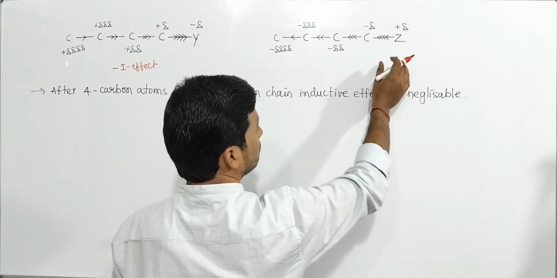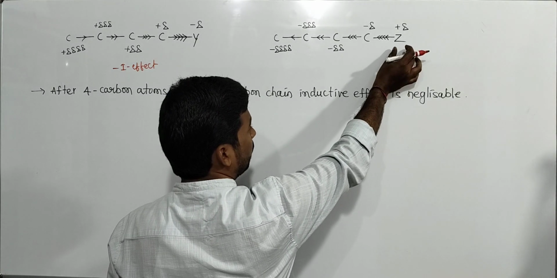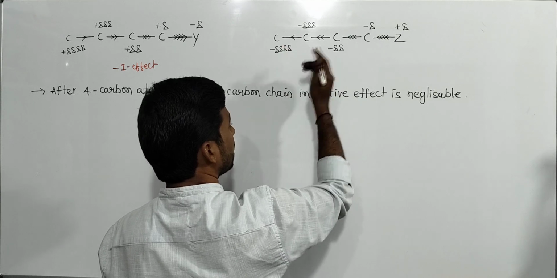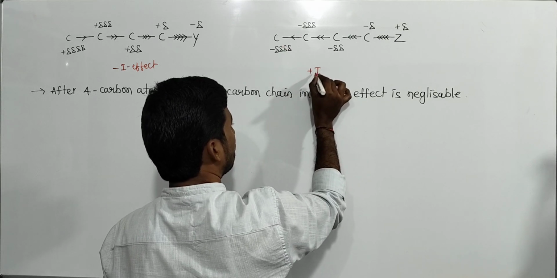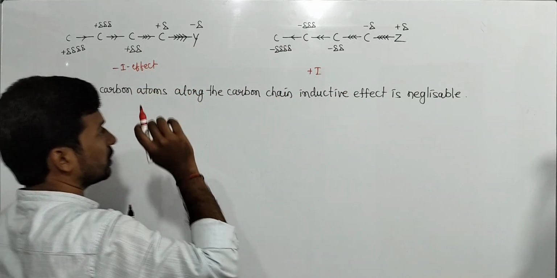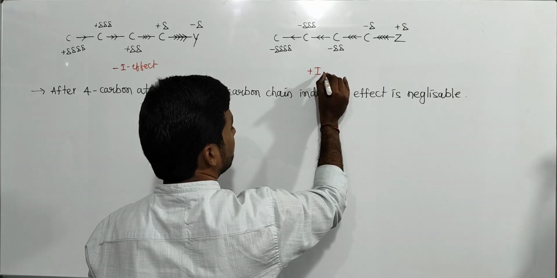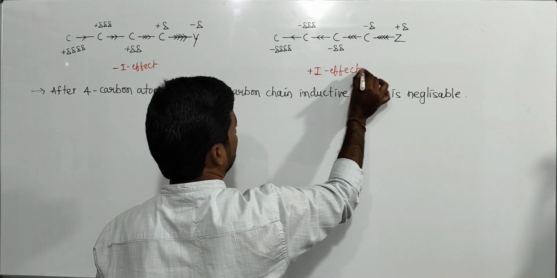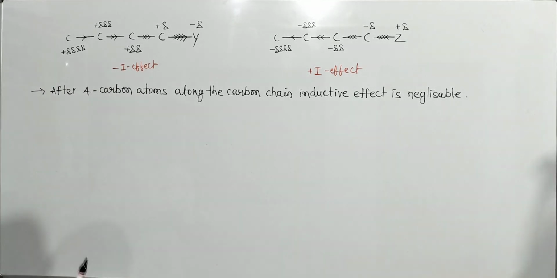If electrons move away from the substituent towards the carbon chain, your carbon chain is getting electrons, positive; in the other case your carbon chain is losing electrons, negative. So this is the positive inductive effect. This is the negative inductive effect.